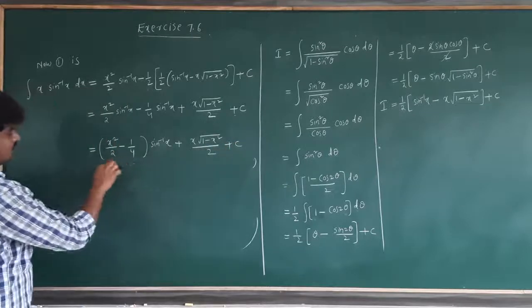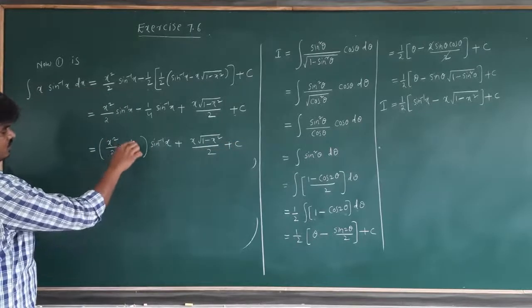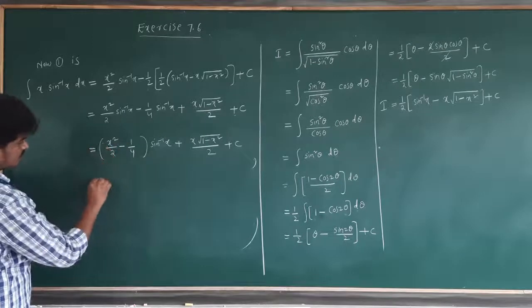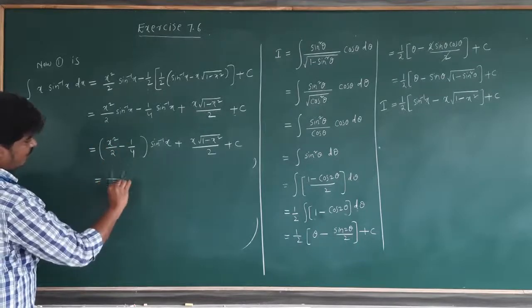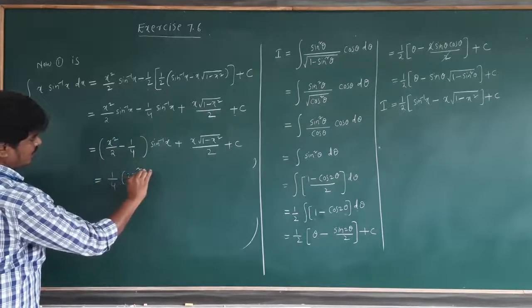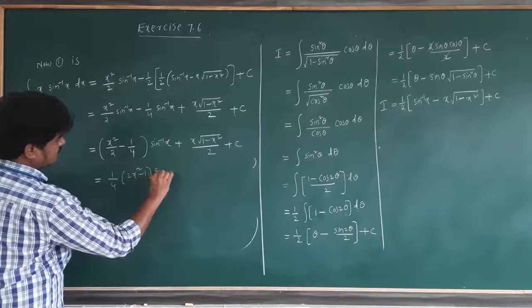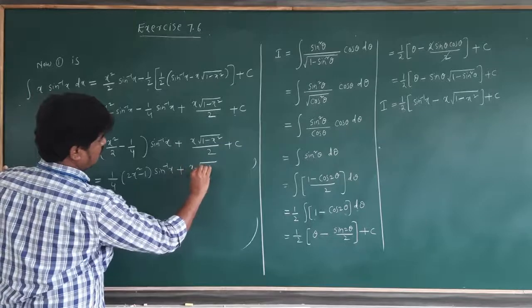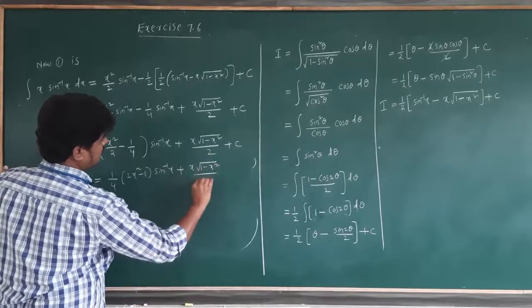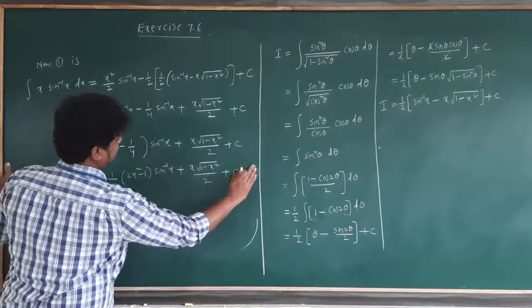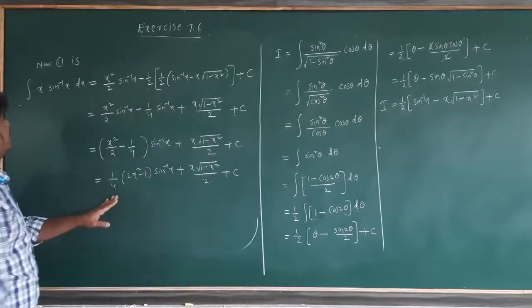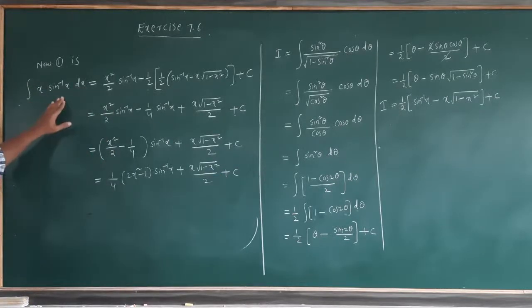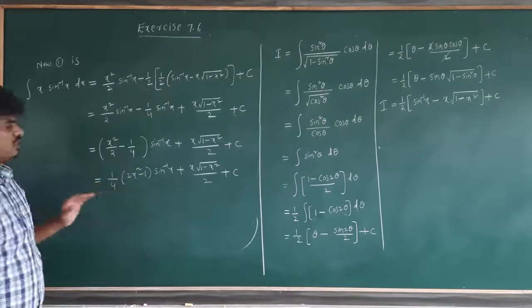Here what is the LCM? 4. Sorry, 2 comes. So finally, 1 by 4 into 2x square minus 1 into sin inverse x plus x root over 1 minus x square by 2 plus c. It is the answer of the given question, that is the integral of x sin inverse x dx. Okay, it is the answer.